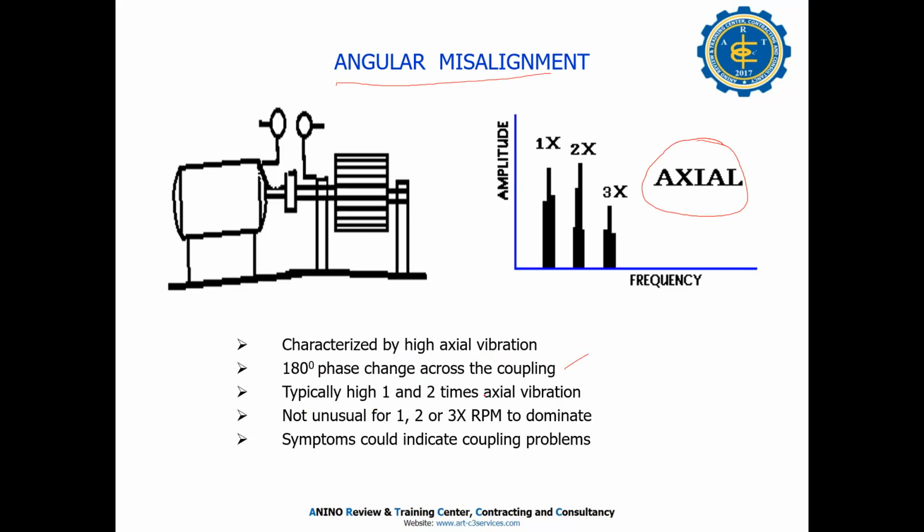Typically there is high 1x and 2x axial vibration. It is not unusual for 1, 2, or 3 times RPM to dominate. Symptoms could indicate coupling problems. So this is the angular misalignment.